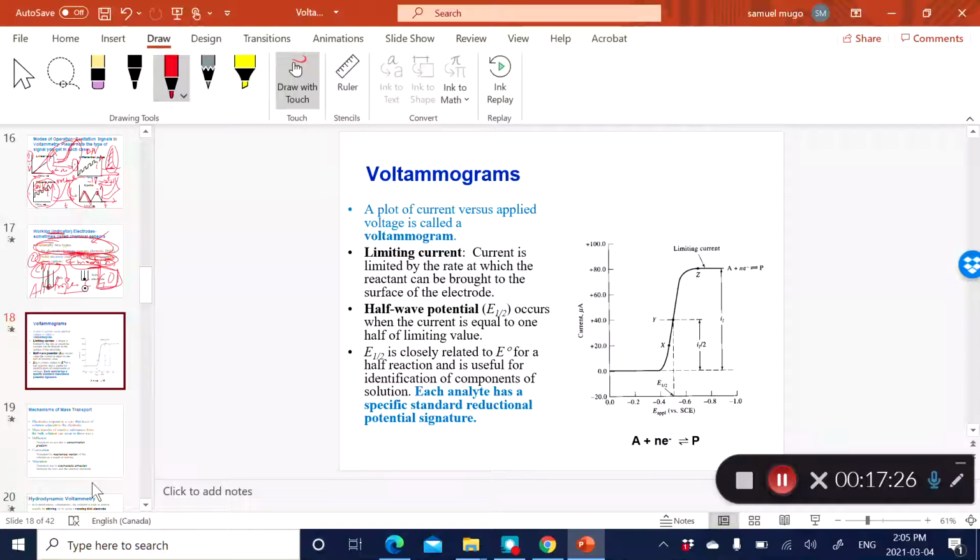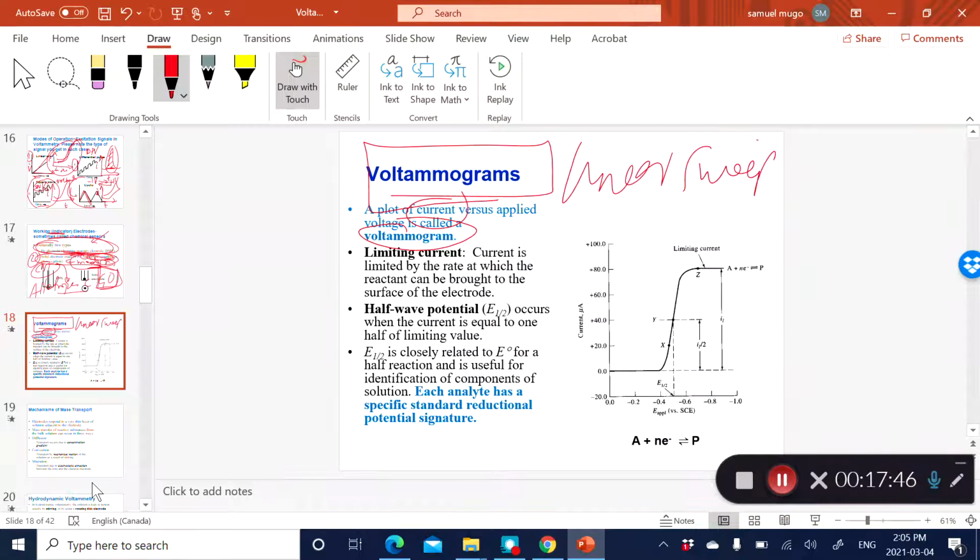So let me quickly talk about the nature of the signal profiles that you get, which we refer to as the photometers. The signal that you get, which is current as a function of voltage, is what you refer to as a photometer. Now, when you're dealing with a linear sweep, as I said, you get a signal profile that looks like a sigmoid curve.